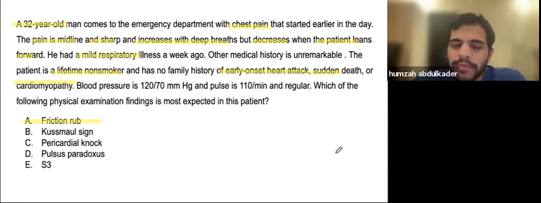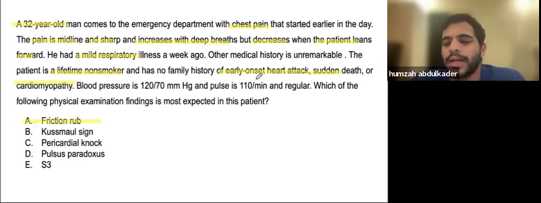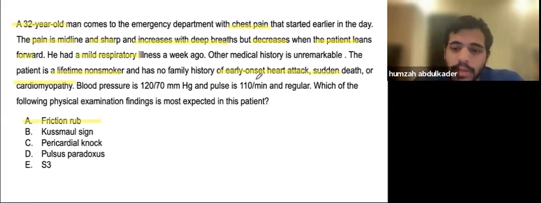So that's something that you have to look out for in questions. If you see decreases with movement, specifically here, decreases when leaning forward, that leads you towards pericarditis. Now, sometimes they'll put friction rub in the question stem and ask you what's the diagnosis, but this one is a bit more tricky.